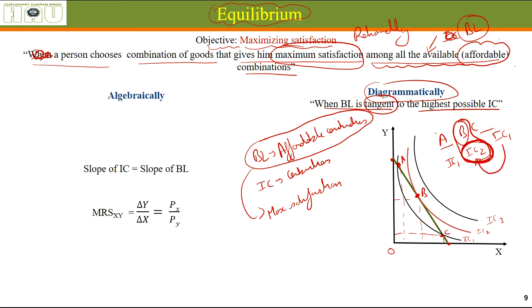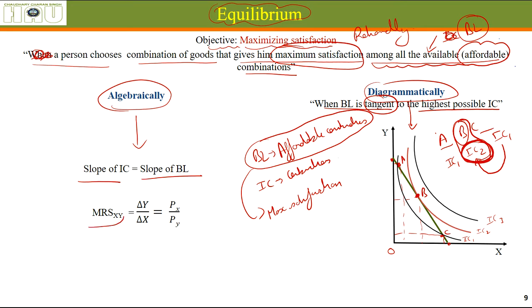So this is how we can get to know diagrammatically how a consumer can maximize his satisfaction with the available money. Alright, when the budget line is tangent to the highest possible indifference curve, that is the consumer equilibrium diagrammatically. Algebraically, or by way of maths, we can solve it when the slope of the indifference curve is equal to the slope of the budget line.